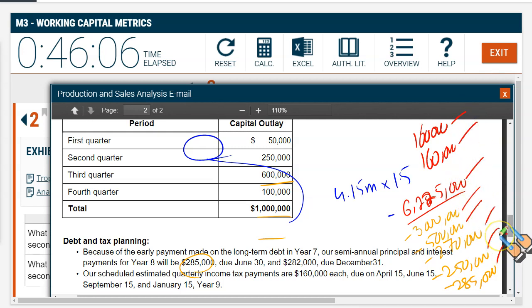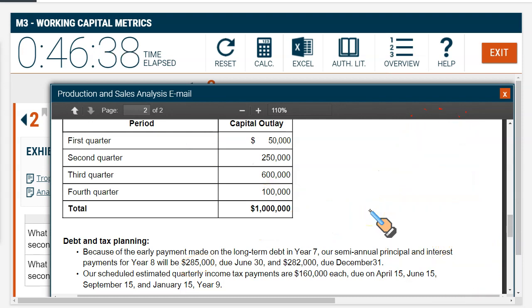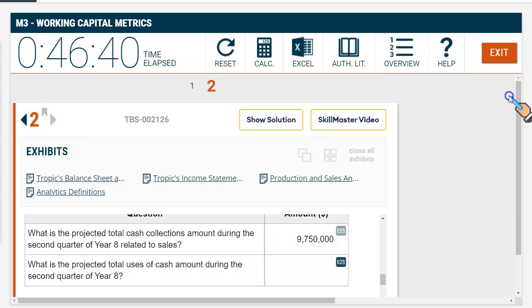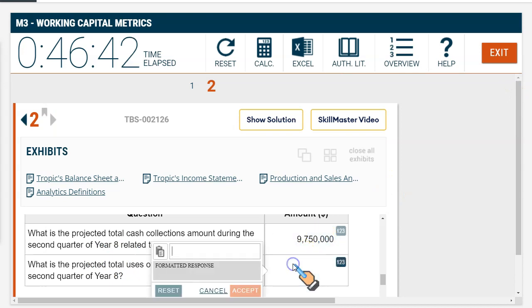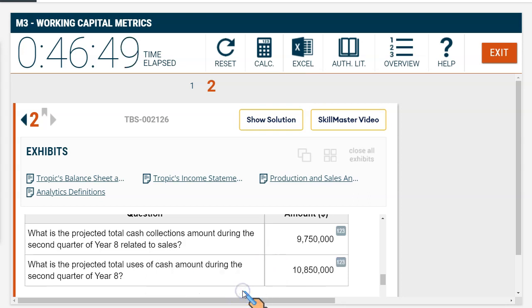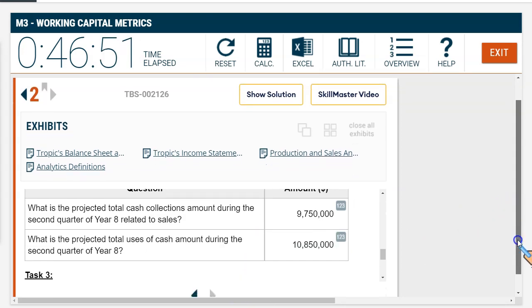If you collect all these, add up all these, the total should be 10.85 million. All right, so let's plug it in. Done.